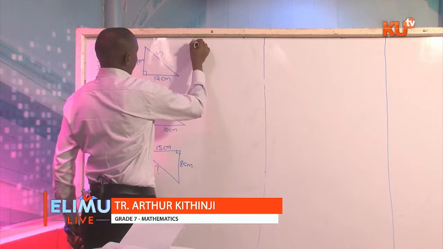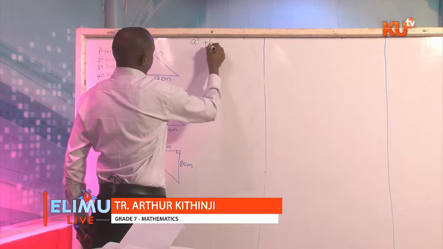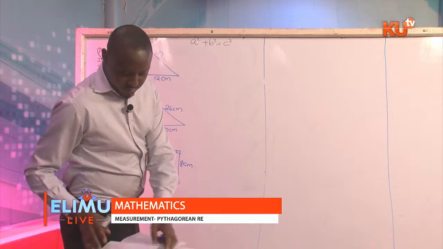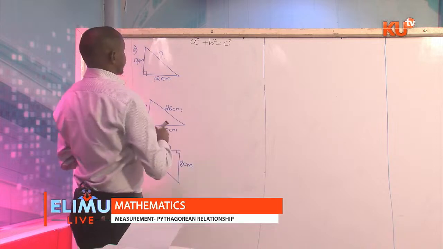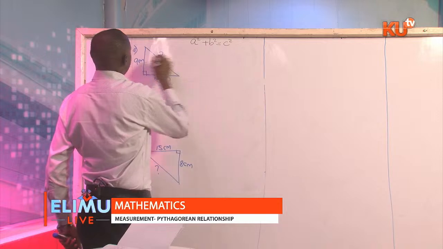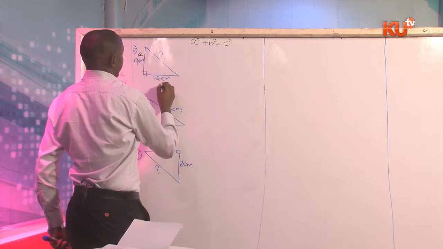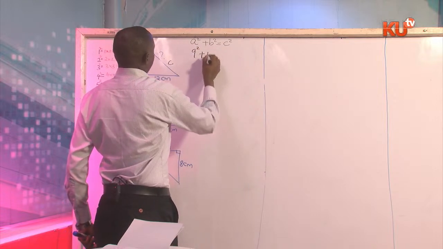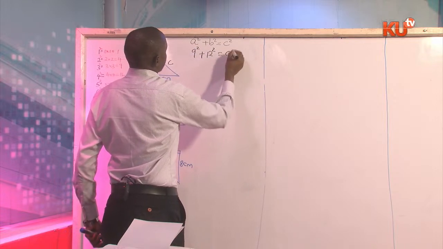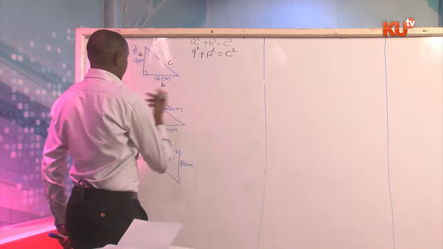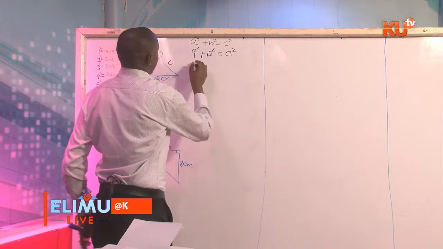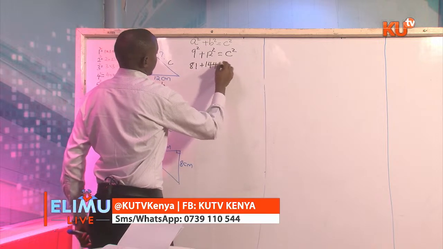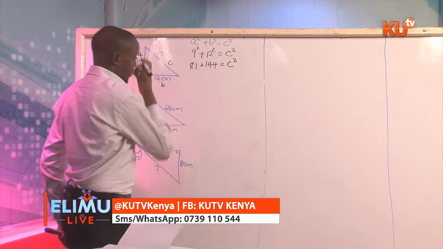We know that from our equation, A squared plus B squared is equal to C squared. Therefore, if this was our A, and this was our B, and this is our C, 9 squared plus 12 squared is equal to C squared. 9 squared is 81. 12 squared we saw that it's 144, which is equal to C squared.